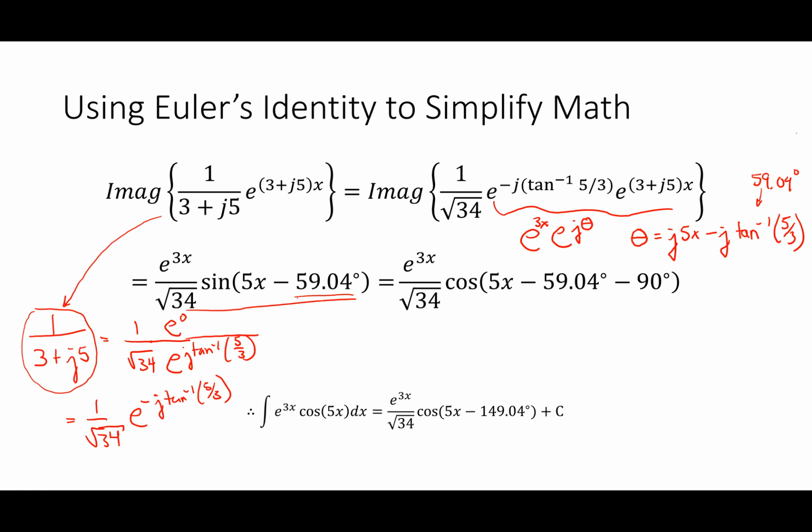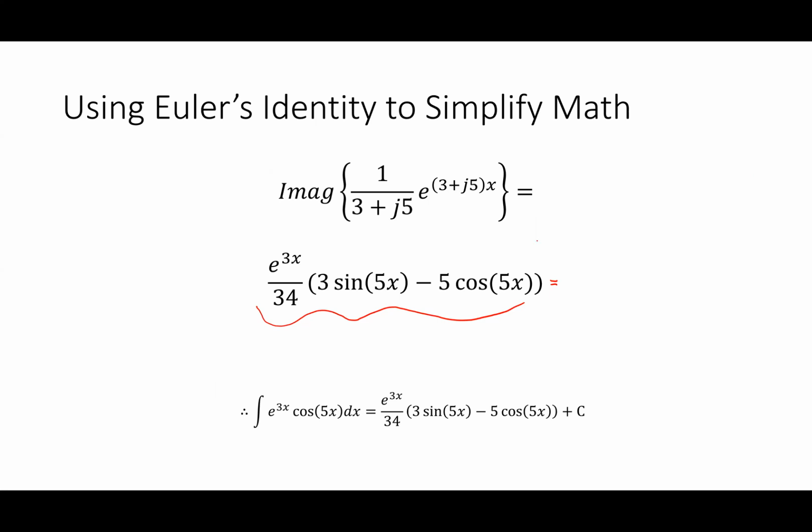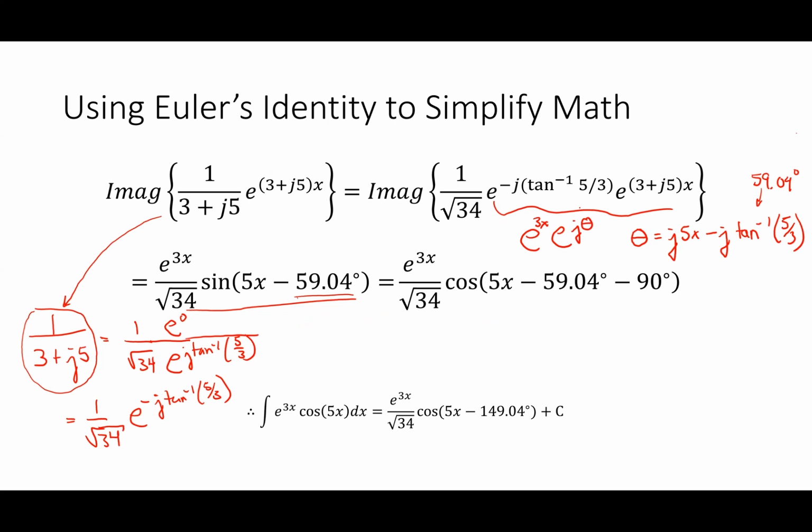This is usually a harder way to think of things in this form than this is, but they're entirely equivalent to each other. And then I went about just shifting it over to a cosine just to show that I could, and to see if anybody had any questions about that. You guys follow what I did there?